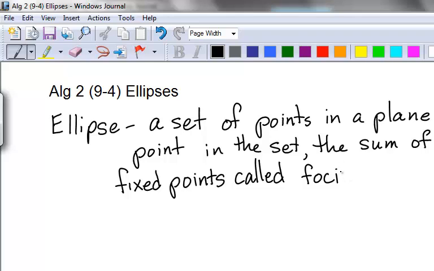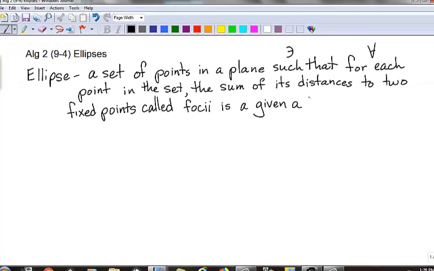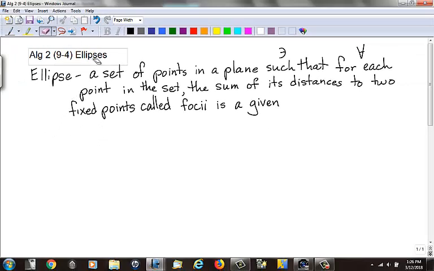I think if it's foci, I'm not sure, I think it's two I's if it's plural, is a given constant. A given constant. So an ellipse is a set of points in a plane such that for each point in the set, the sum of its distances to two fixed points called foci is a given constant.